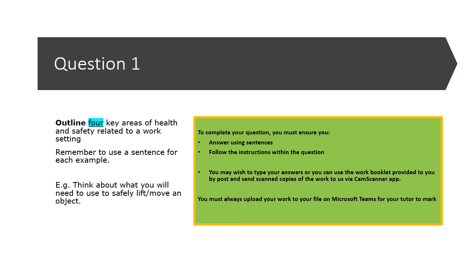With that one, we talked about having the appropriate equipment if you are to lift safely. So think about the last two slides and also think about doing some research of your own, but you need to outline 4 key areas of health and safety related to a work setting.